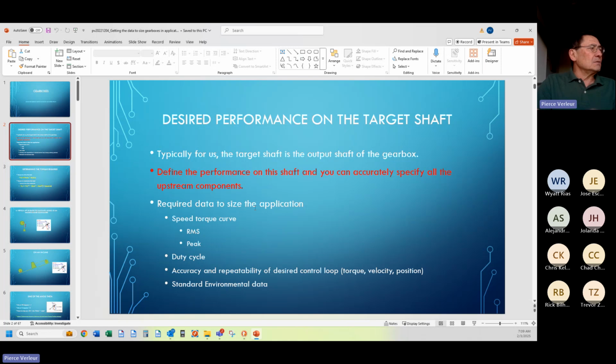So, in general, we want a speed-torque curve. If we know how the target shaft driving the machine is to operate over its speed range, and we overlay the torque requirements on that speed range, we have an XY axis, y being the vertical, x being the horizontal axis, a typical mathematical graph.